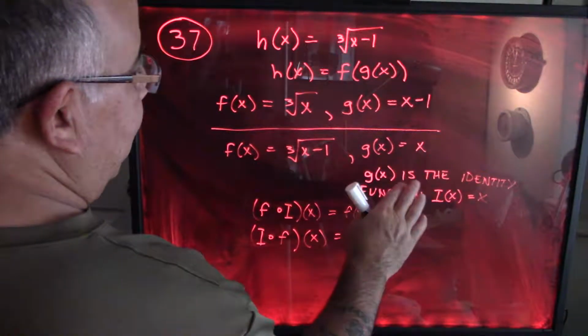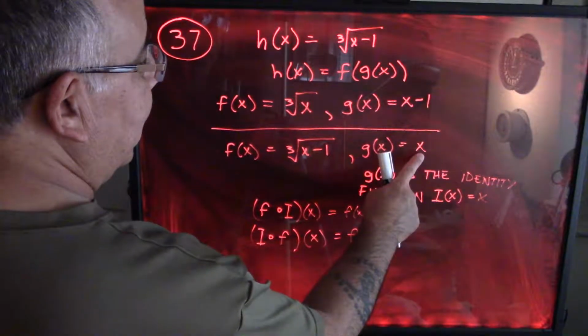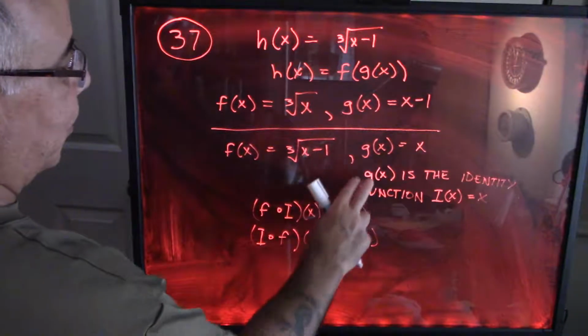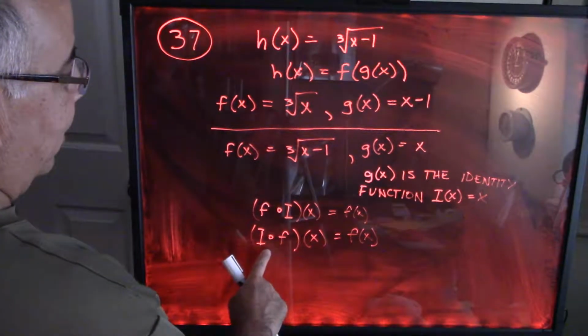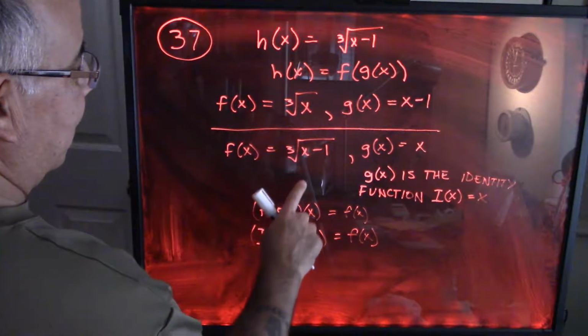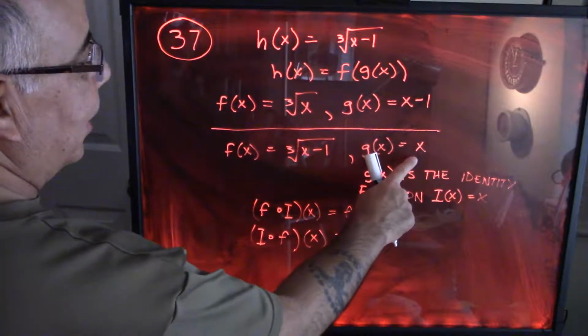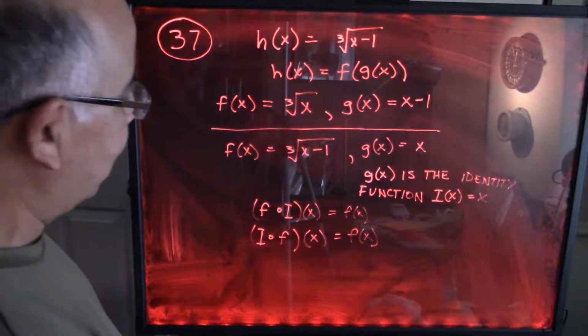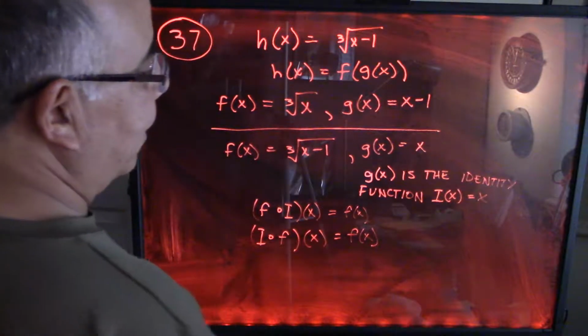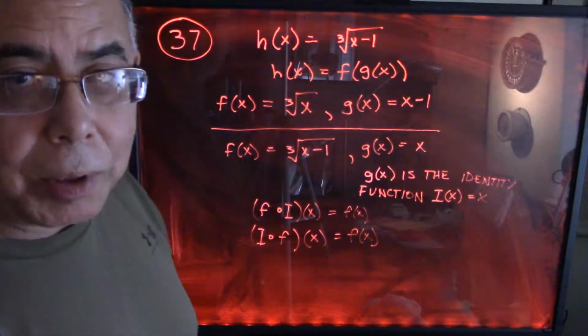So if you take this and plug it in there, that's doing it this way. I compose with f, or we're calling g I here, alright? You're going to get I composed with f, so take that, put it in there, you get f, right? So I is kind of like the number 1 in multiplication.